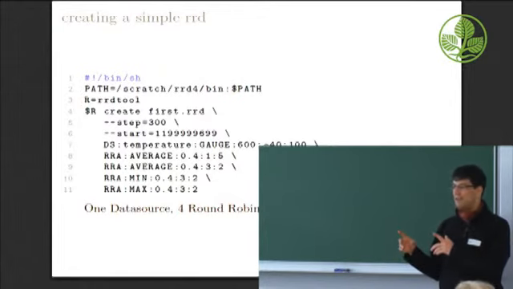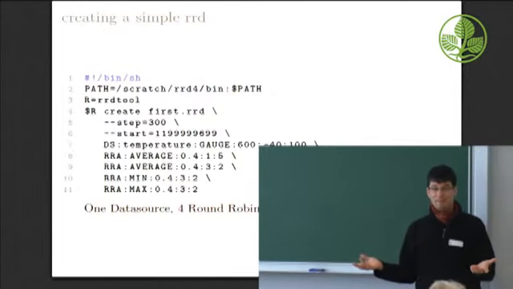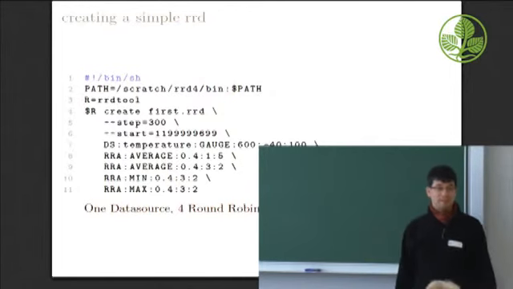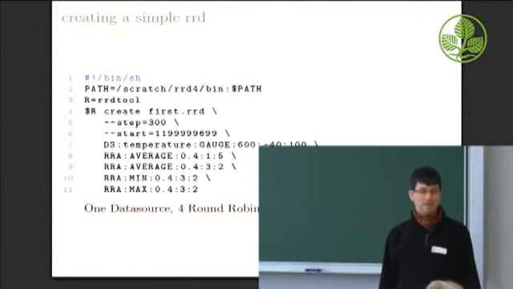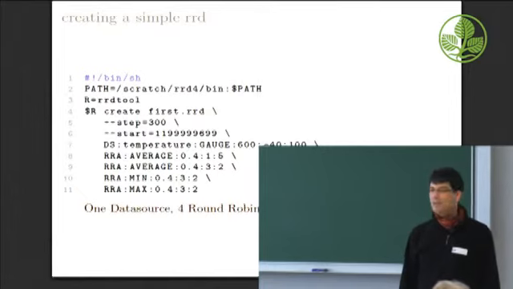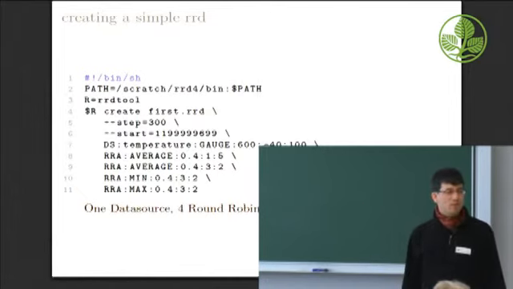So the question is, how long do you want to keep the data, that 1 minute data? RRDtool makes you decide at creation time for how long you want to store that data. And oftentimes, those systems which use RRDtool decide for you. They may offer an option for changing that, but oftentimes there's some defaults.